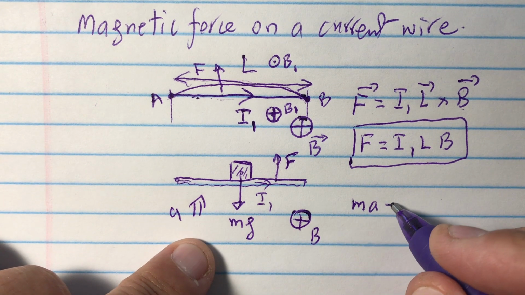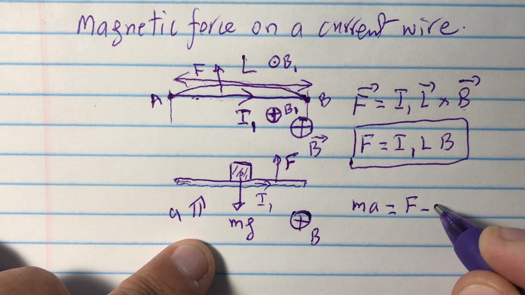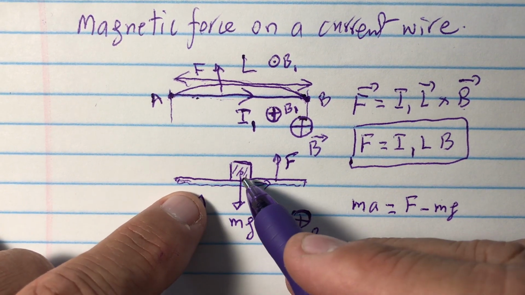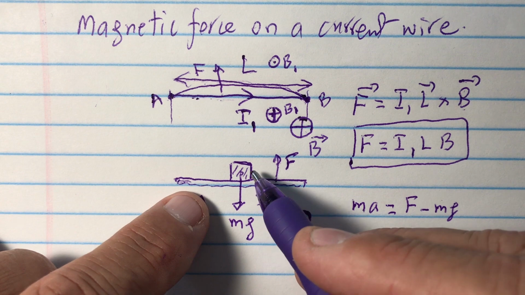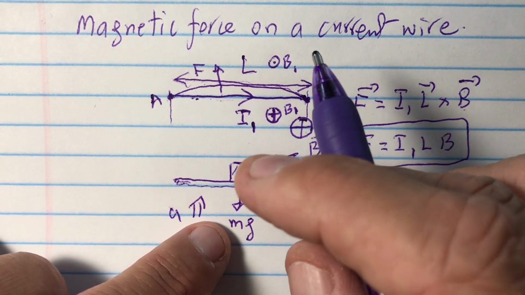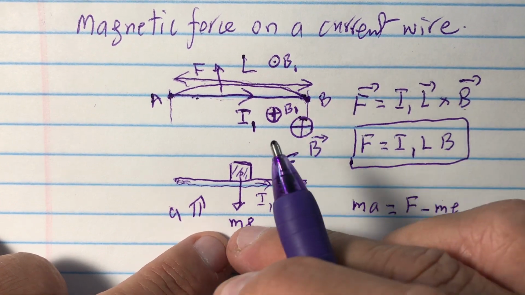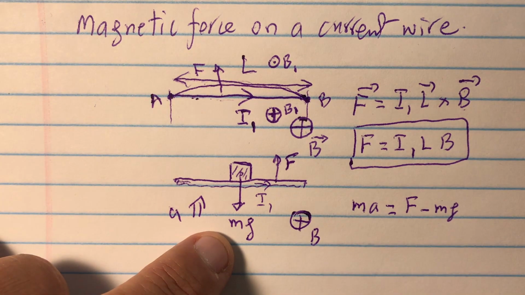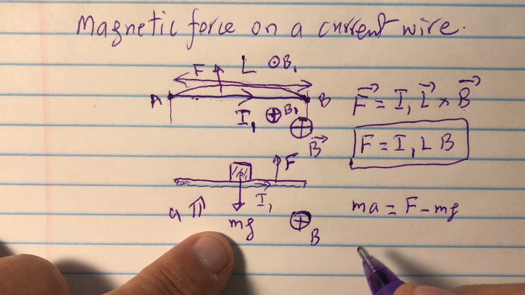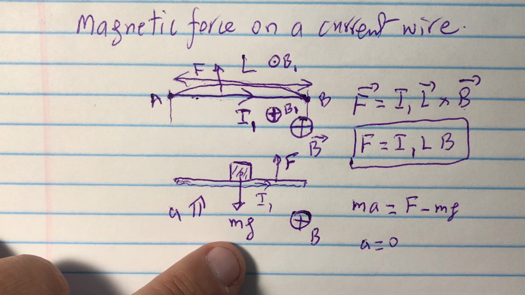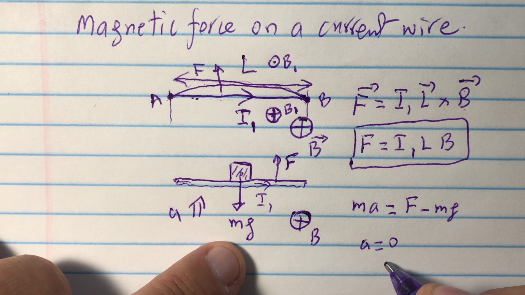So ma is equal to F minus mg. Now, this bar is not going up, and we try to find the current for which this force F is equal to the weight. So we put a is equal to 0 because the wire is not moving. And then we have F is equal to mg.